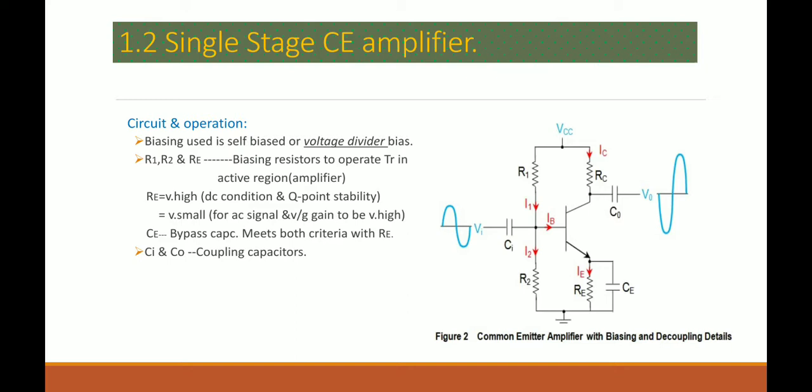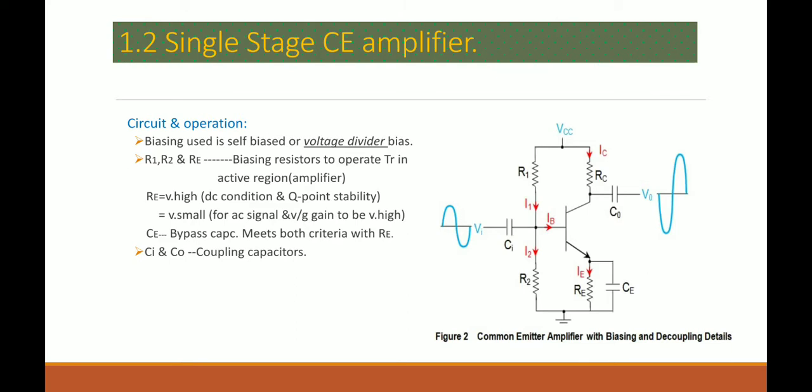It should have a high value for the DC condition and Q point stability, whereas for the AC application it should be small. And moreover the voltage gain is required to be very high. So both these conditions can be fulfilled if we connect a capacitor that is used as a bypass capacitor.